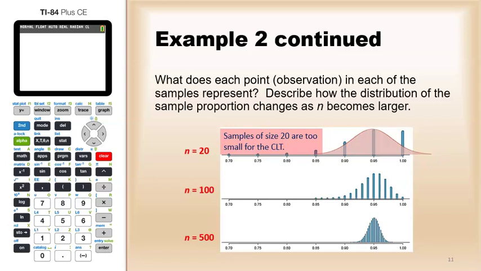The middle graph is better, but you notice this left tail is much longer than the right tail, so there is a bit of skewness. The normal distribution kind of fits, not terrible, but you can see the left side is a little bit off. So in this case, I'm borderline, but I'll say that it's better, but samples of size 100 are still a bit too small.